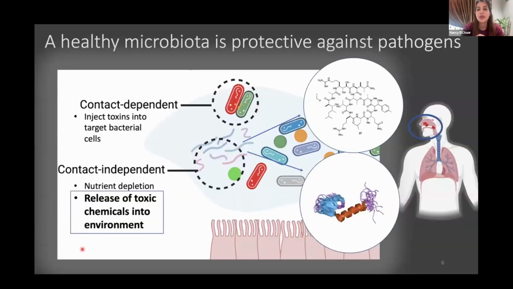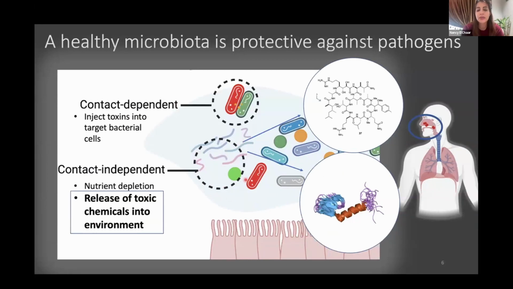They do this through contact-dependent interactions, for example by injecting a toxin directly into a target bacterial cell, or contact-independent interactions like competing for nutrients or releasing antimicrobial substances into the surrounding environment and not allowing the pathogen to thrive.